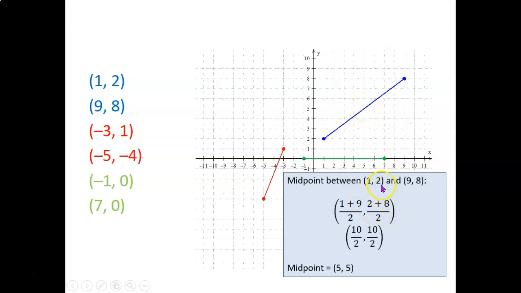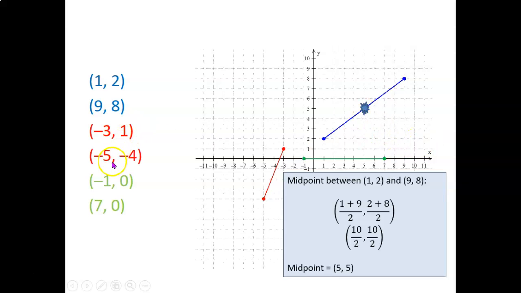Now look at the y-coordinates. 2 plus 8 happens to also be 10, and then 10 divided by 2 is 5. So we've got a y-coordinate of 5. Halfway between where y is 2 and where y is 8 is the point where y is 5. So our midpoint is right here at 5, 5.